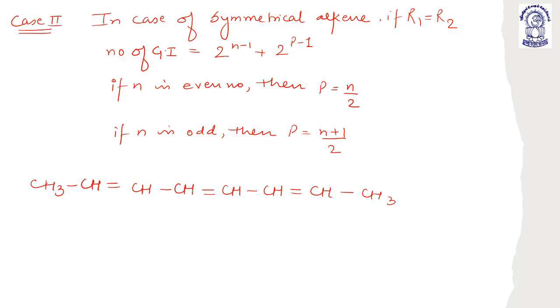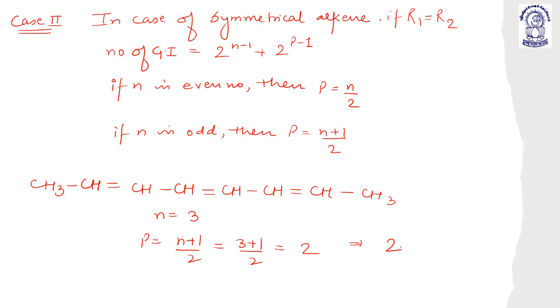So here the number of double bonds showing geometrical isomerism is n equal to 3. And n equal to 3 is an odd number. So for an odd number, p is equal to n plus 1 by 2, that is 3 plus 1 by 2, that is 2.